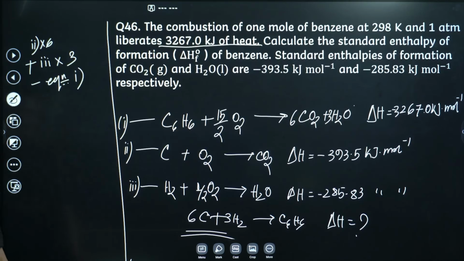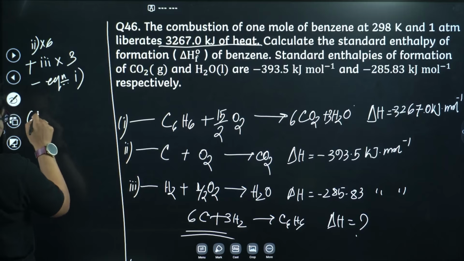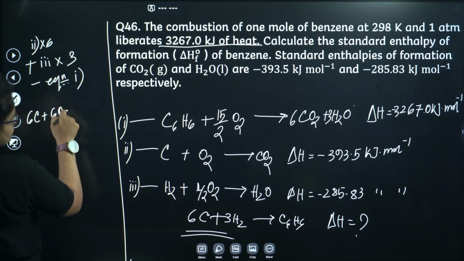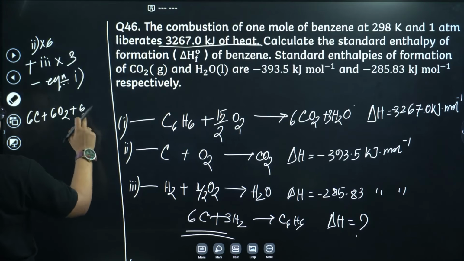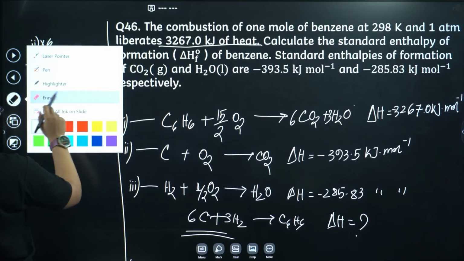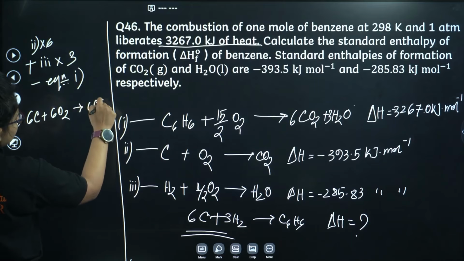So overall, if you just write equation 2 into 6, 6C plus 6O2 will give you 6CO2.